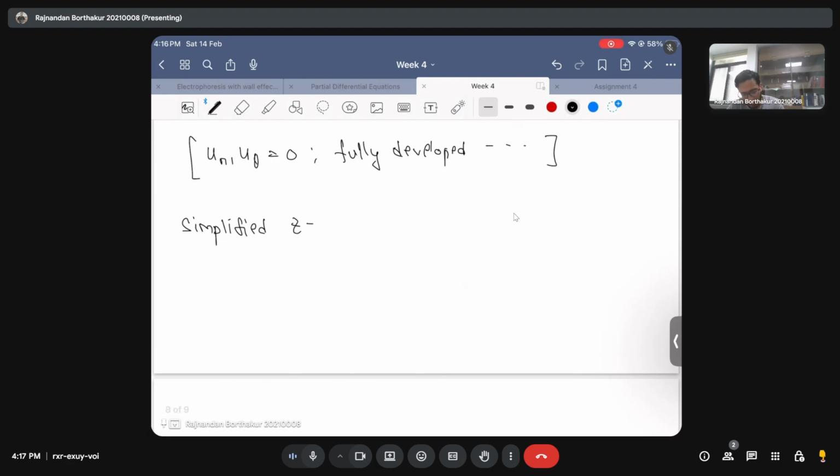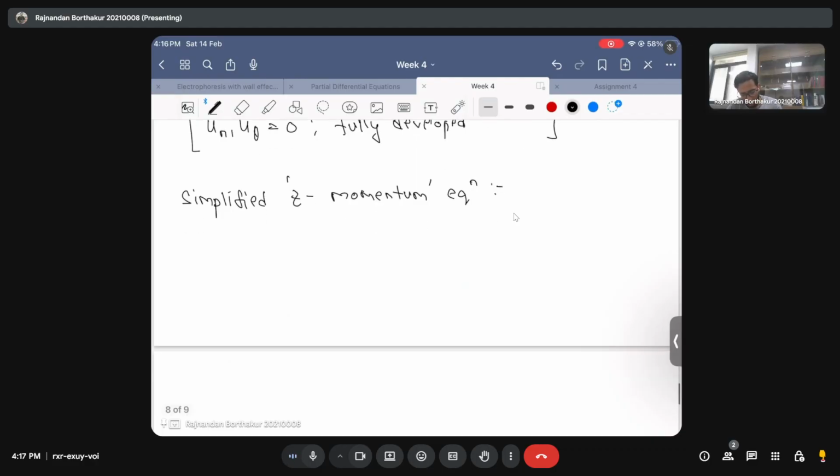All right, so we'll write down the simplified Z momentum equation, and this is how it goes. This is rho times del u_z prime by del t prime, equal to minus del p_z prime by del z prime, where I reiterate that all the prime quantities are dimensional quantities, plus mu by r prime del by del r prime of r prime del u_z prime by del r prime.